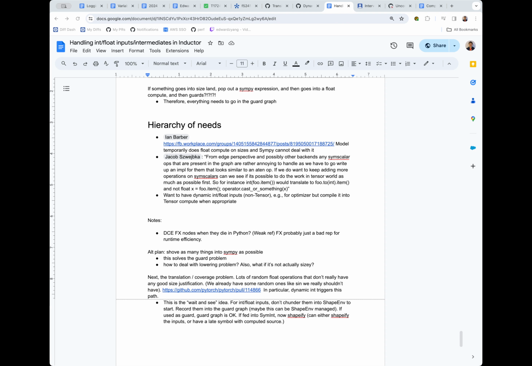So there's also the terrible do-nothing proposal, which is for integers, we keep adding stuff to the SymPy language until all dynamic int stuff can be computed, but it's always done as integer computation inside PyTorch. Floats never get turned into integers, so they're always 1D tensors.